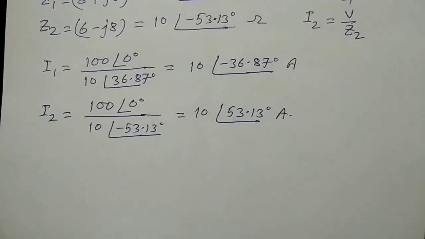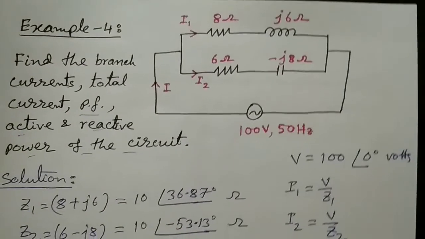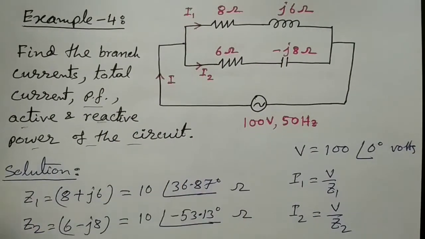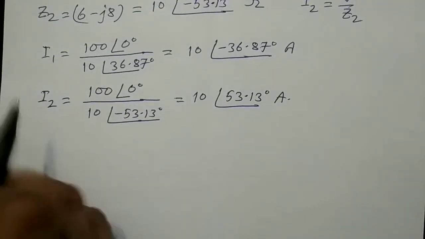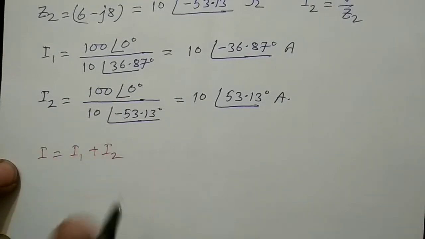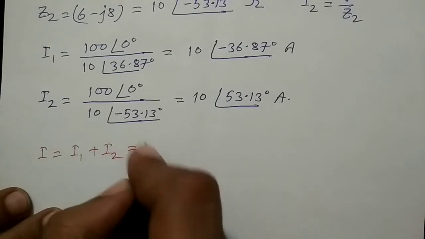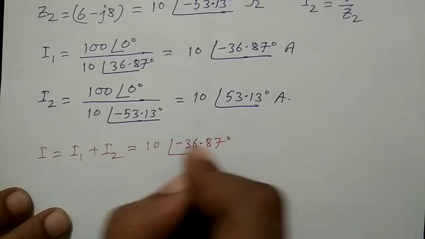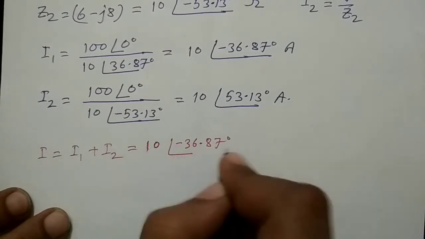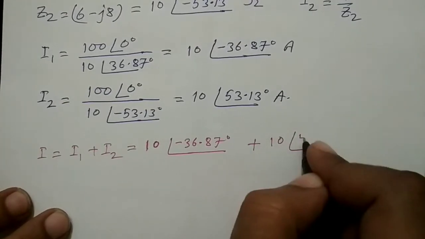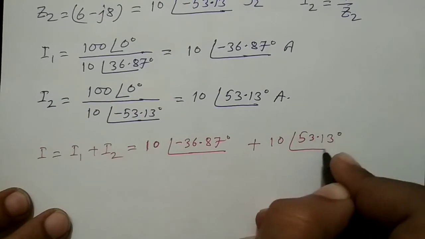Now in the question we have to find the total current also. From the circuit we can see that the total current I will be the sum of I1 and I2. Therefore we can write I is equal to I1 plus I2. So it is 10 angle minus 36.87 degree, the I1 value in polar format, plus the I2, that is 10 angle 53.13 degree.